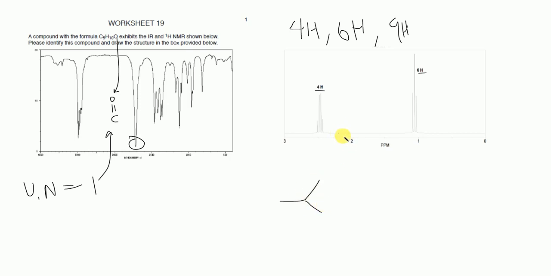And that usually is indicative of some sort of isopropyl or isopropyl-looking thing, right? Like this. Other type is if I have groups like this, and I have symmetry, all these groups are symmetric around this one environment right here. And so 6H could also mean 3 CH2s, right? 6H could either mean 3 CH2s or 2 CH3s, coming off of some molecule.